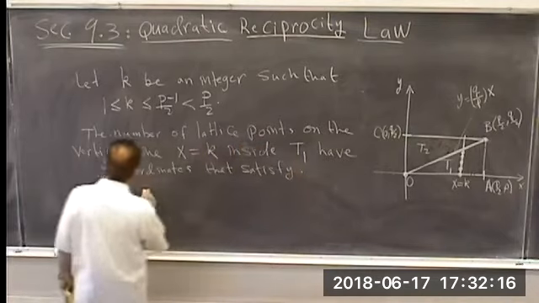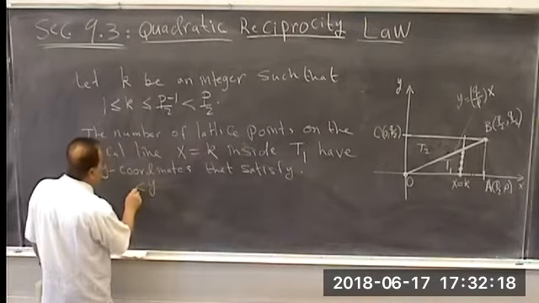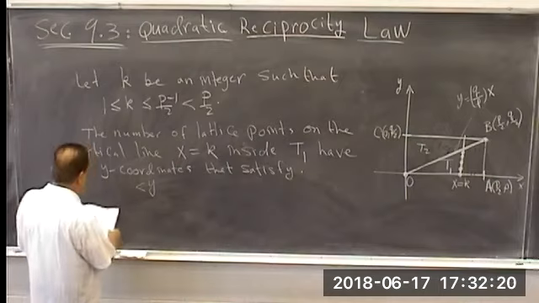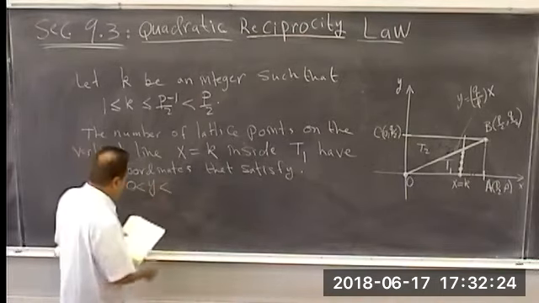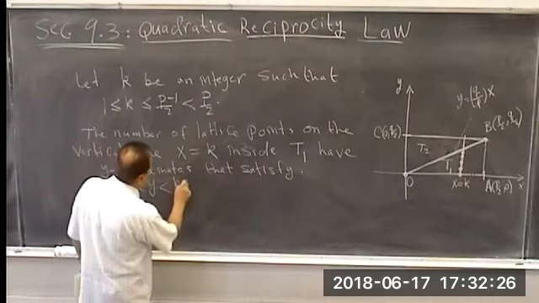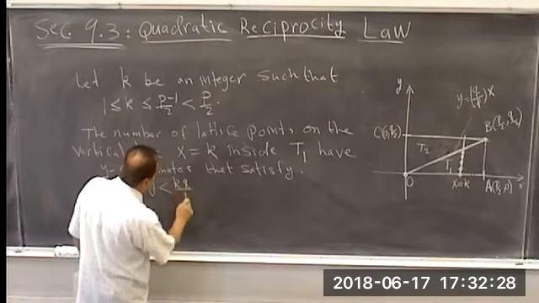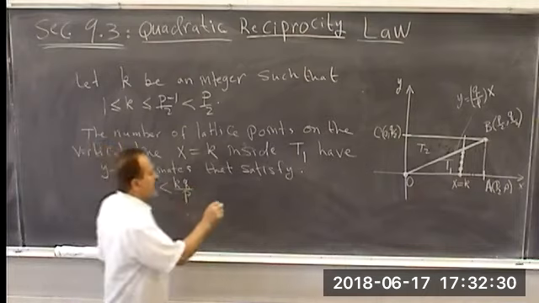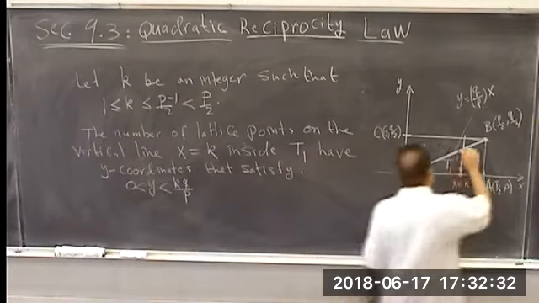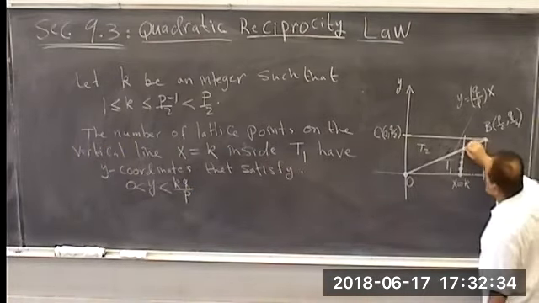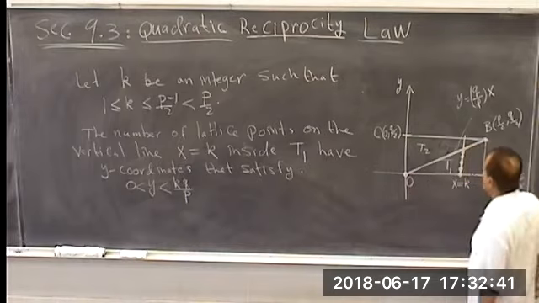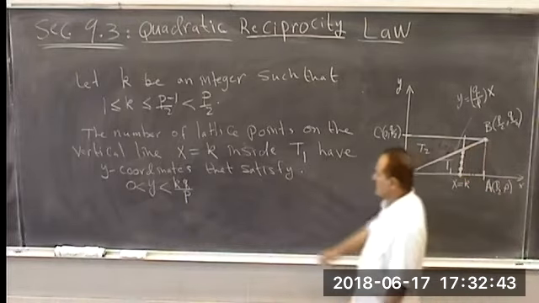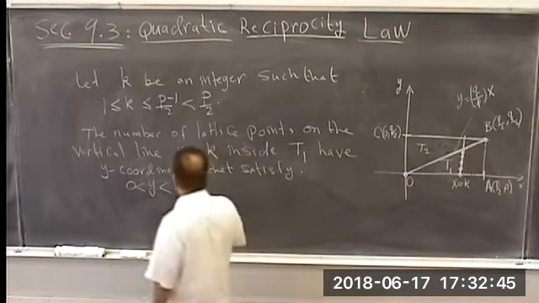The y, again, is going to be bigger than 0 and less than q k over p, because we want it inside. So the x is fixed. So the y is smaller than the last point, which is going to be on the diagonal, which is going to be here.